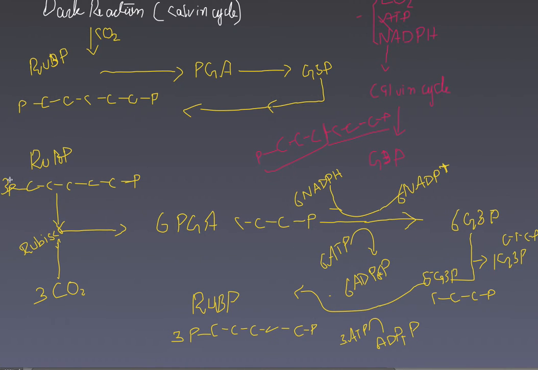If you just double everything, make it 6 here and 12 here, you essentially end up with 12 G3P, and 2 of these molecules are released. 2 G3P can make a glucose molecule. So if this cycle happens 2 times, you are able to generate 2 G3P molecules.